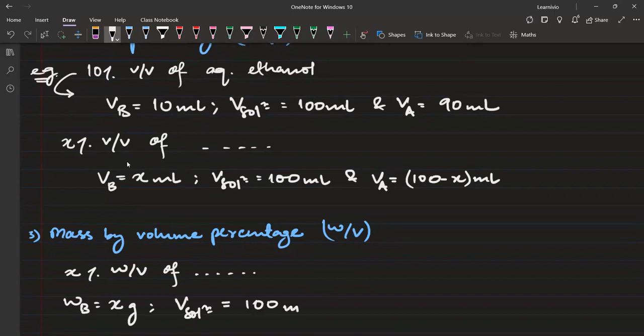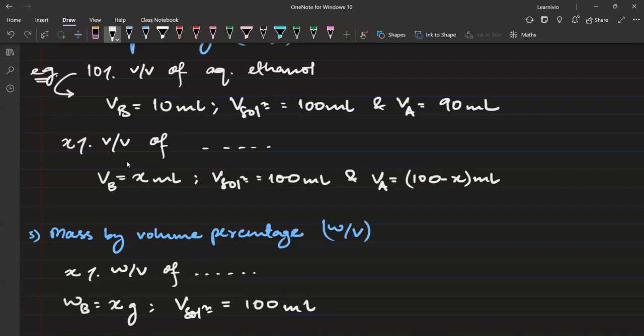Okay, that's it. You cannot know the amount of solvent here, because we have two different units, grams and ml, and we cannot do addition or subtraction when we have two different units. You must have studied this in units, dimensions and measurement. That is why we cannot calculate the amount of solvent in mass by volume percentage.